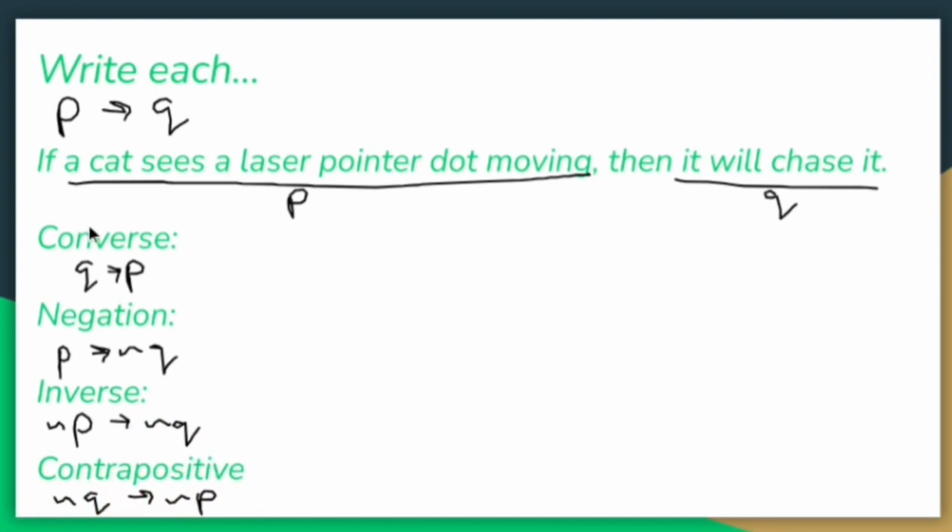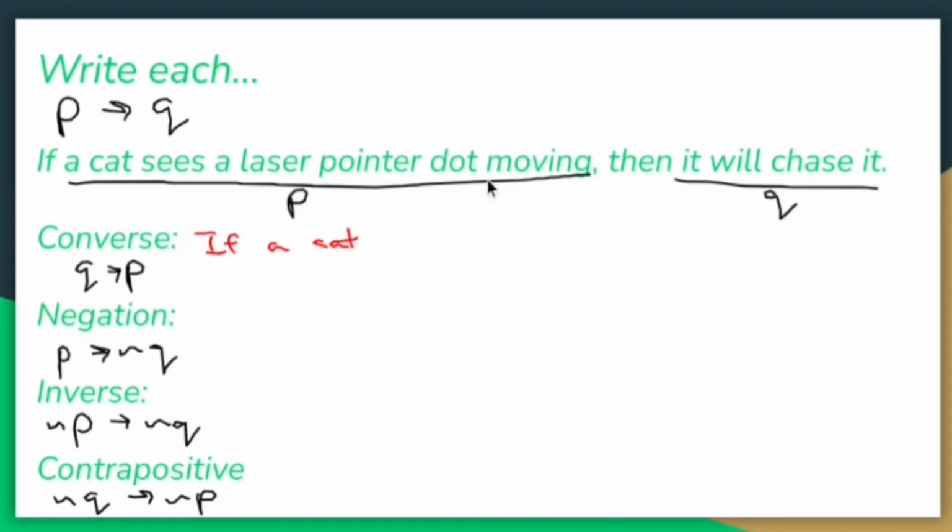So let's do a little bit of writing. Converse: if a cat will chase it, then a laser pointer dot is moving. I hate the way that that's worded, but that's it. Let's actually be a little bit more specific.